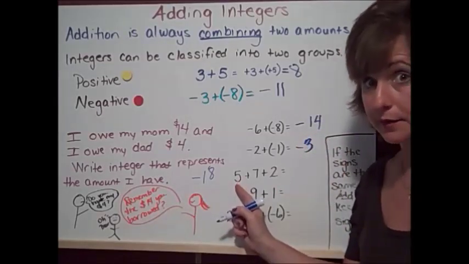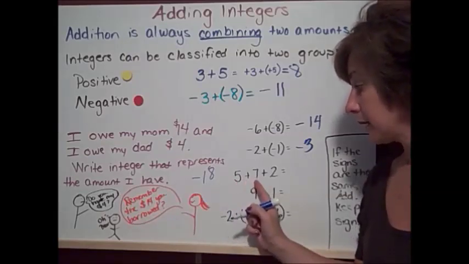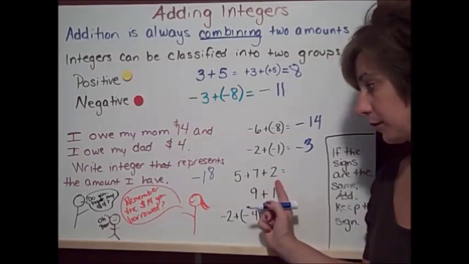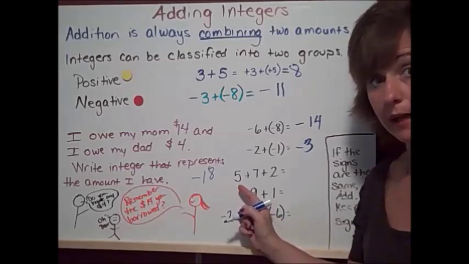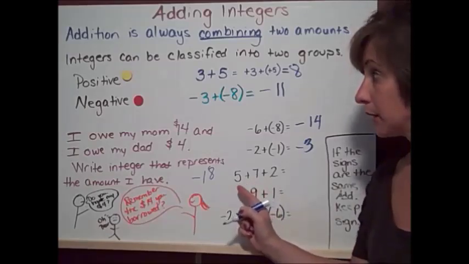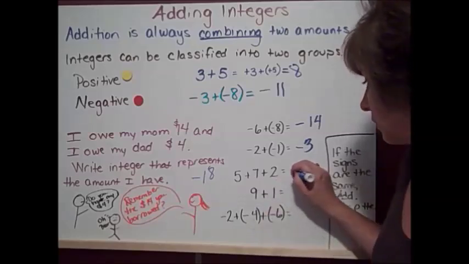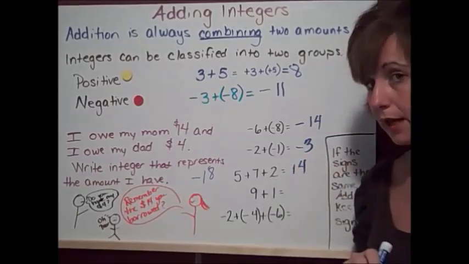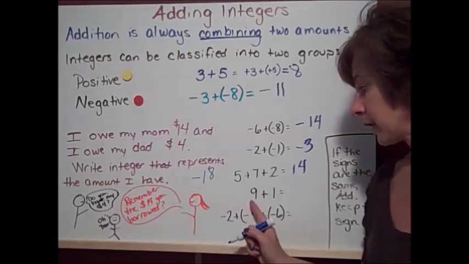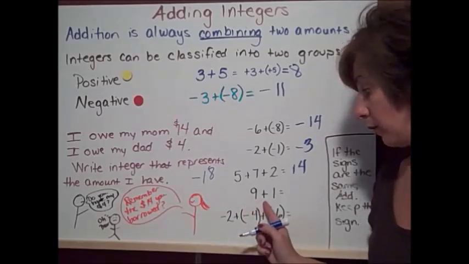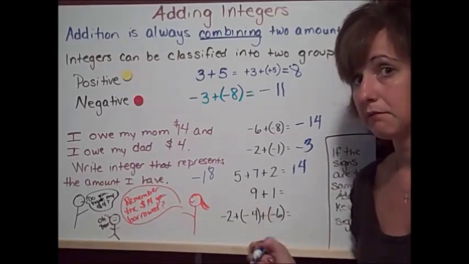Finally, some positives. 5 plus 7 plus 2. Well, we would add those positive numbers. 5 yellow plus 7 yellow plus 2 yellow would equal 14 yellow. Positive 14. 9 yellow and 1 yellow would make 10 yellow.